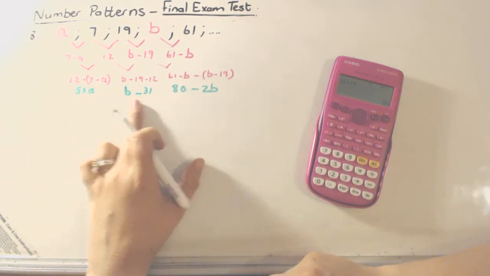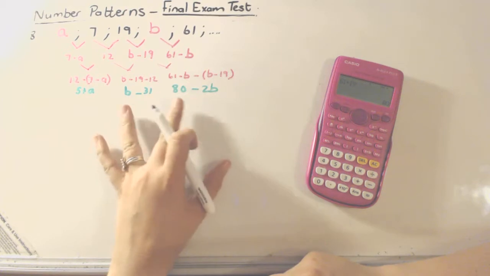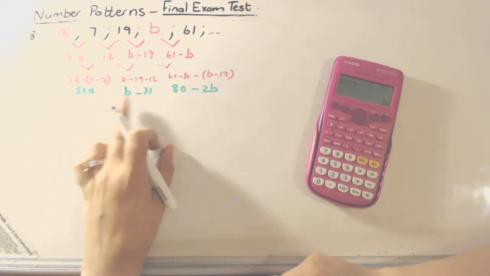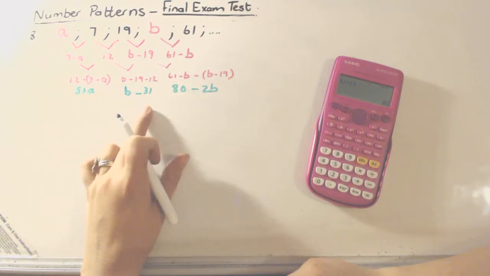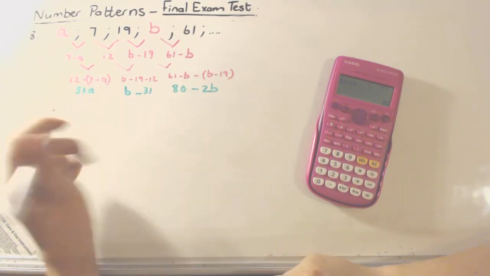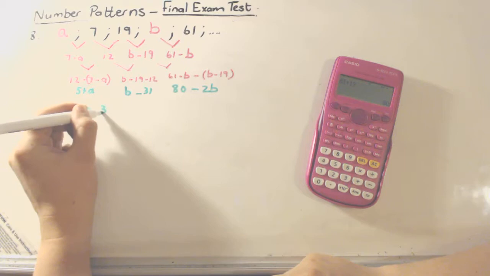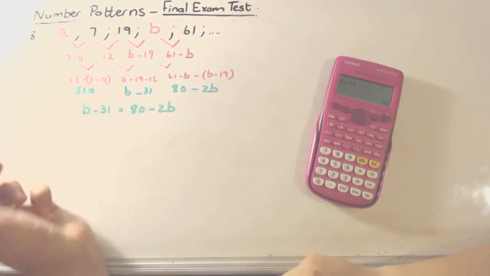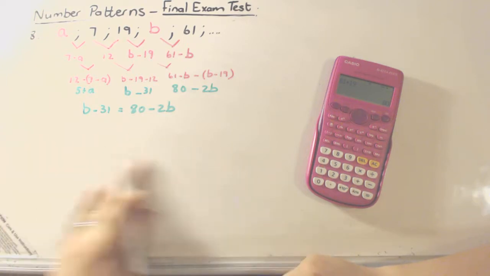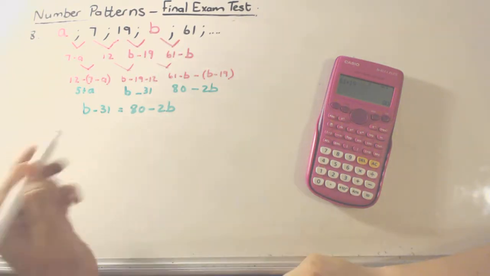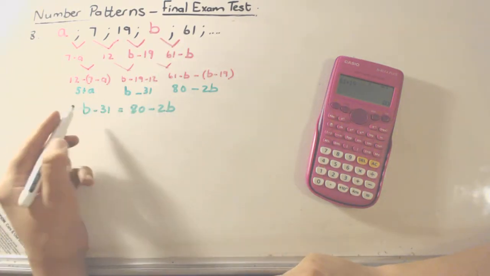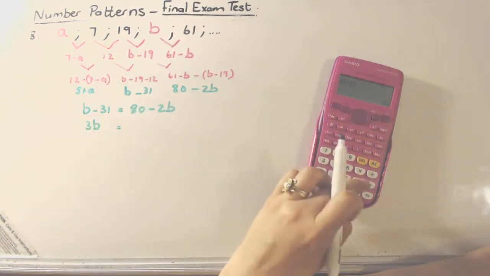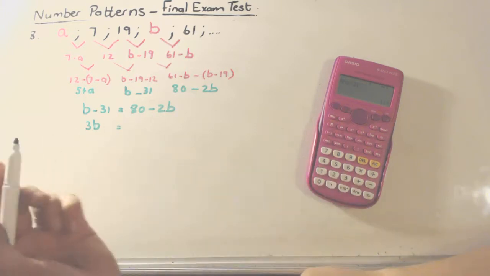Now it's going to be better to work with these two because they both have b's in them. If I put 5 plus a equal to b minus 31, it just doesn't really solve my problem. If I say b minus 31 is equal to 80 minus 2b, from there I can easily solve for b. So b plus 2b, 3b, is equal to 80 plus 31, which is 111.